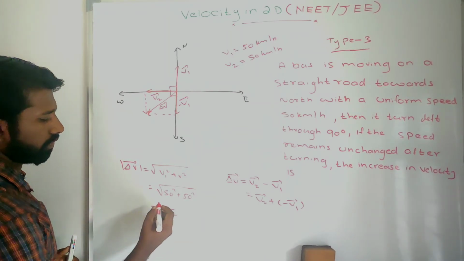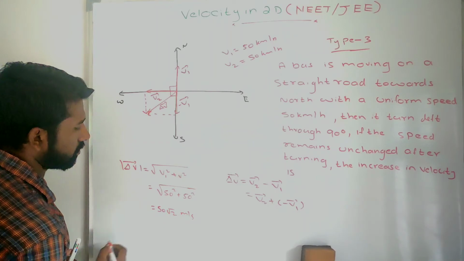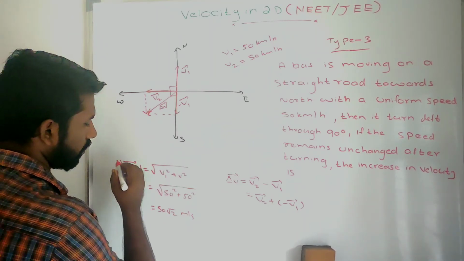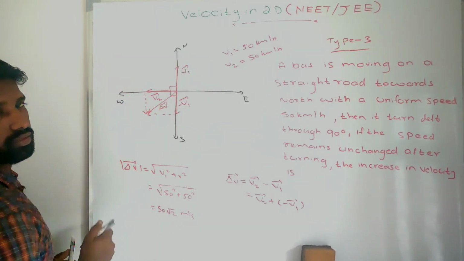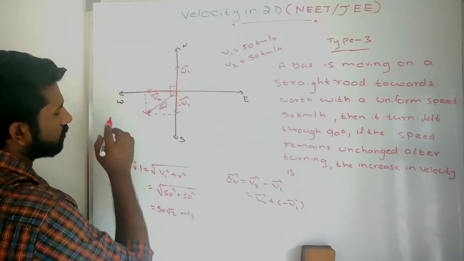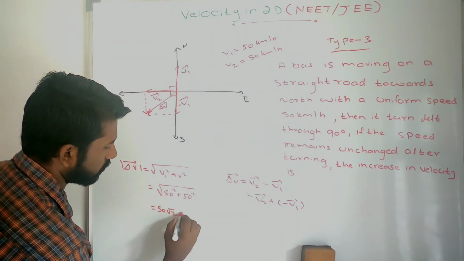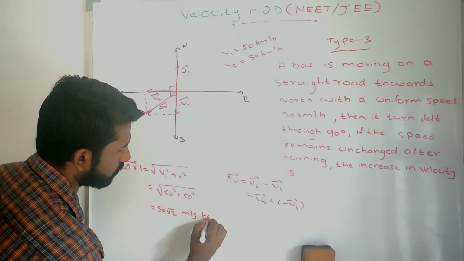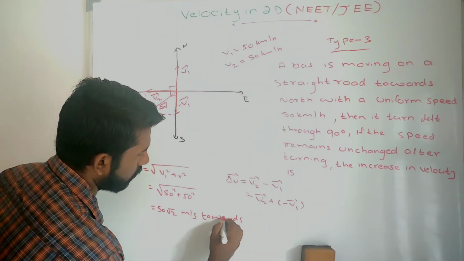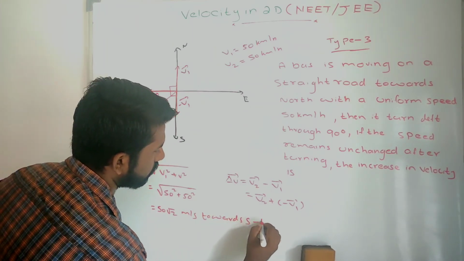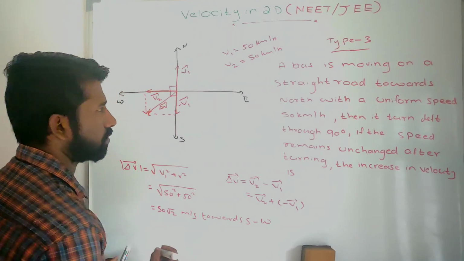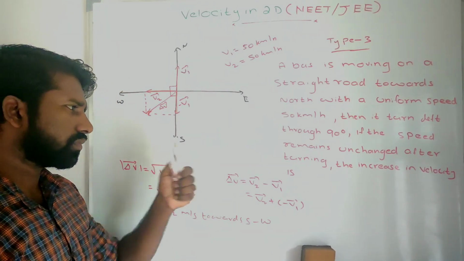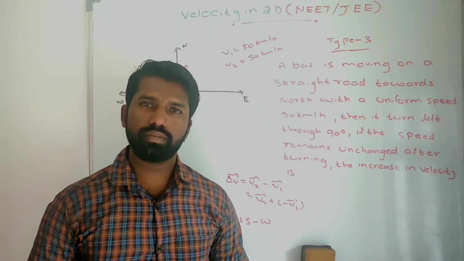Okay, 50 root 2 km per hour. This is the magnitude of the velocity change. What about the direction? Direction is towards the southwest. Okay, towards the southwest. This is the increase in the velocity.